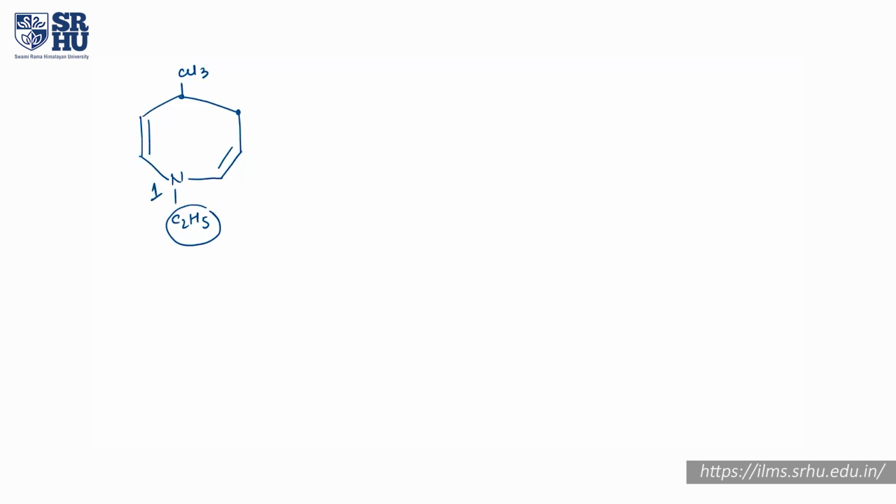Now how will you move? Either you can move from this side or from this side. If you move from this side, you will get 1, 2, 3, 4. This would be the 4th position. If you move from the other side, you will also have 1, 2, 3, 4. So from either side you are getting to the 4th position, right?